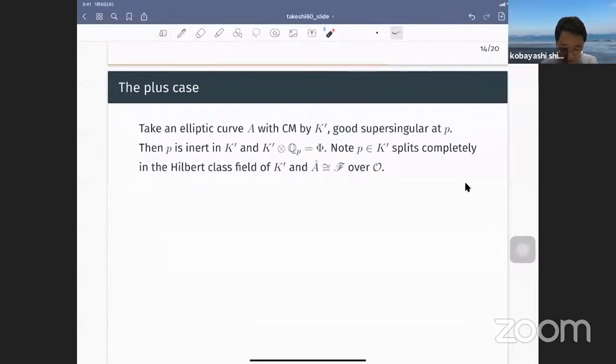So the completion at p of K prime is Q_p, and p splits completely in the Hilbert class field in our case. So locally, the formal group of A is isomorphic to F, our fixed Lubin-Tate formal group.